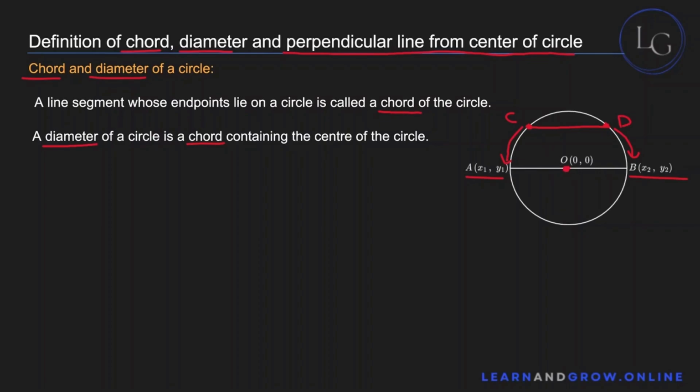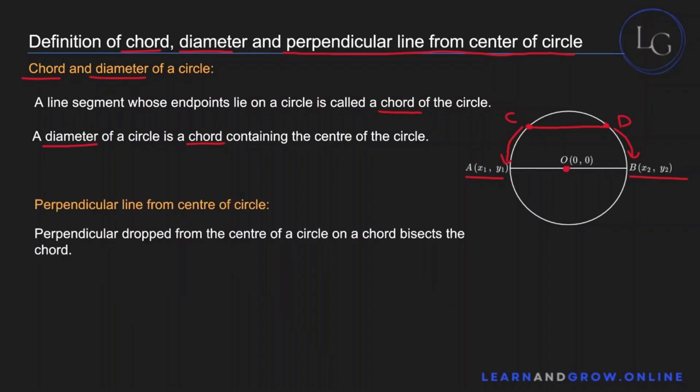Okay, now that that's cleared up, let's see what the perpendicular line from the center of a circle is. It says that the perpendicular dropped from the center of a circle on a chord bisects the chord. Bisection means separation into two equal lengths or halves. So what that means is, you can see the circle over here.